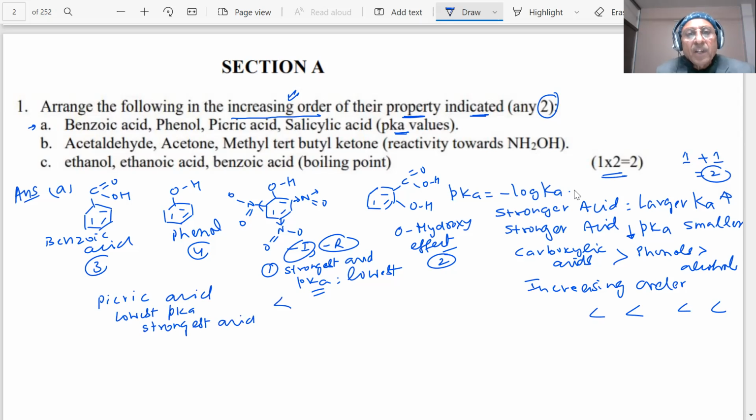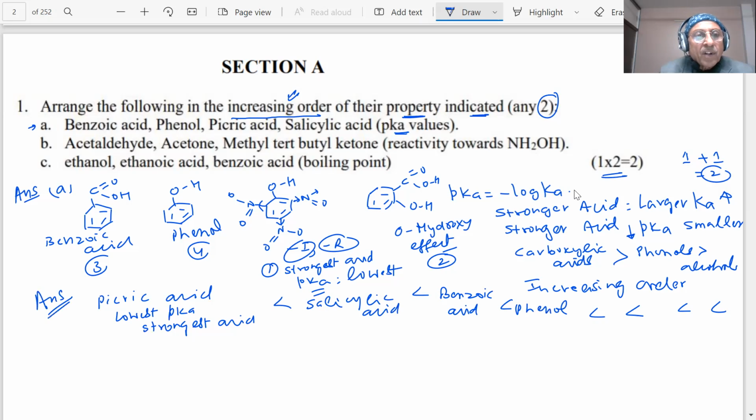After this is coming salicylic acid, and after salicylic acid you will get benzoic acid, and after benzoic acid, student, what you will get? Phenol. Increasing order, because you have to arrange in the increasing order. So this is our answer for A, student.